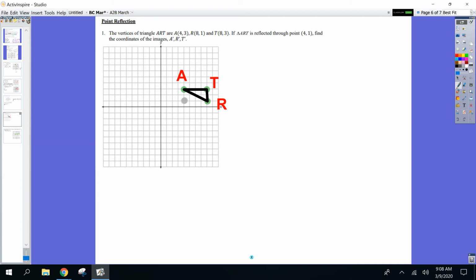And make sure you graph the point of reflection for 1.